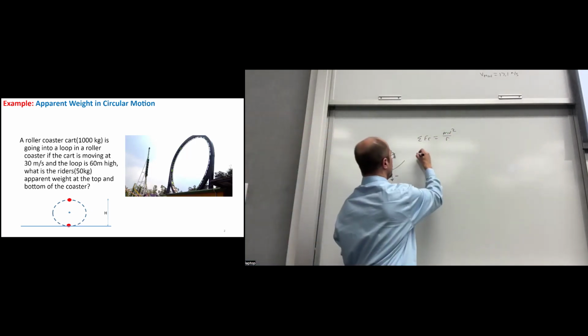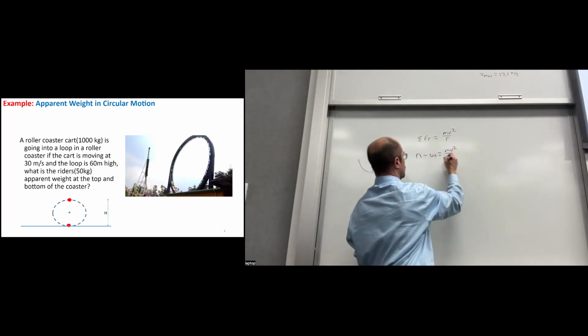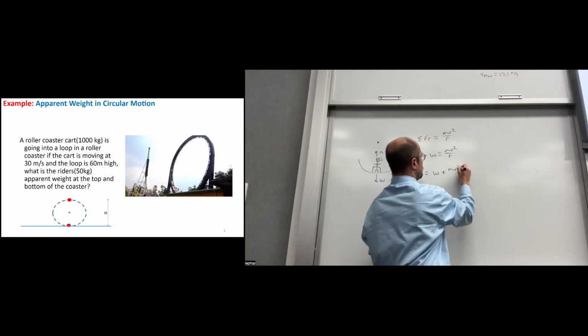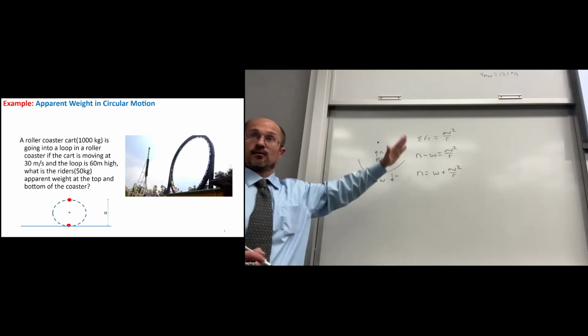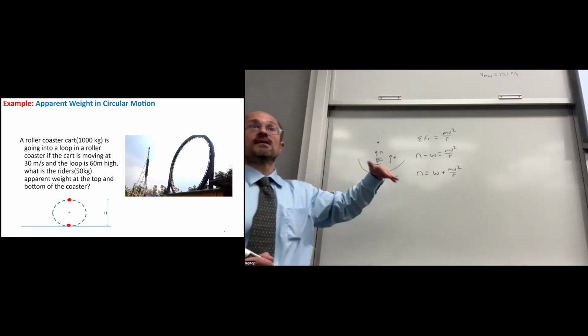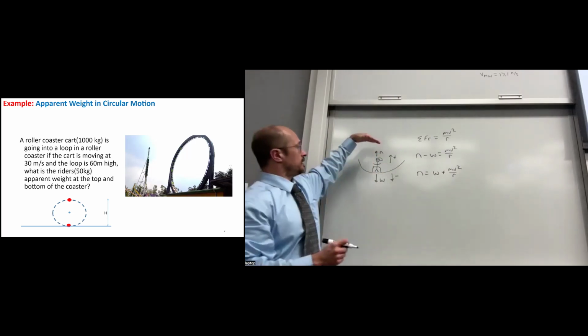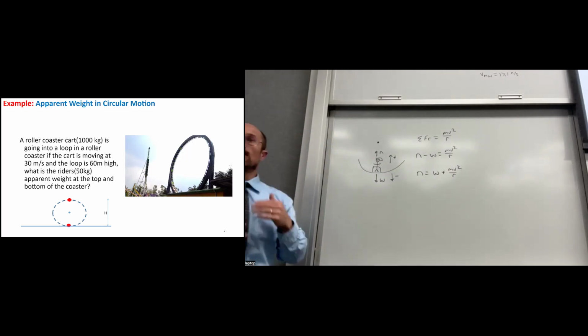Then we have n minus w is equal to mv squared over r, or n is w plus mv squared over r. When you're going through the bottom of a loop, like a crest or a loop or something, you will always feel heavier. Whenever you come through a dip, you'll always feel heavier. Is everyone good with that?